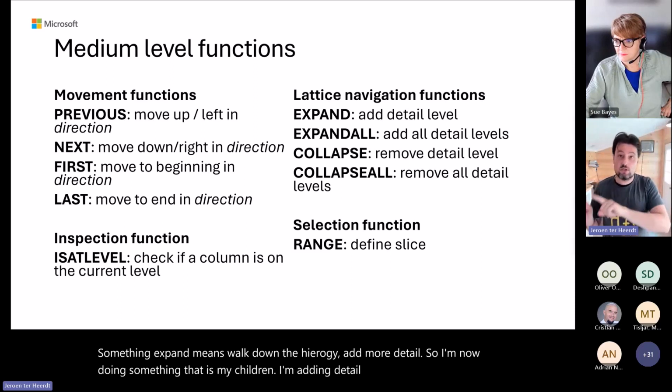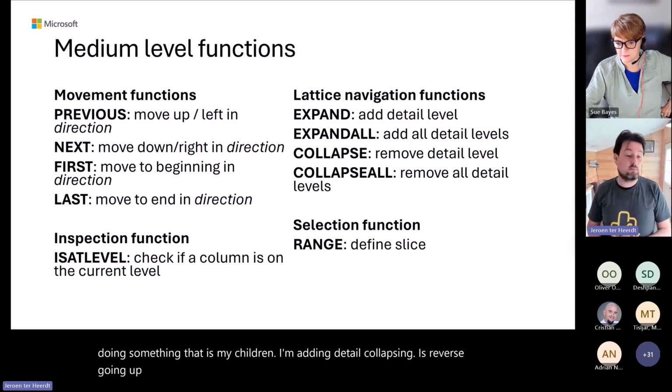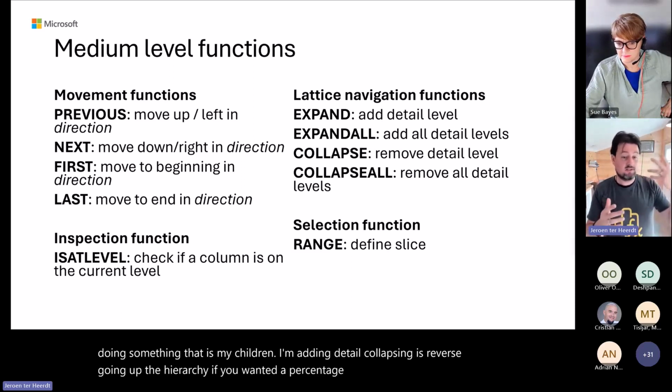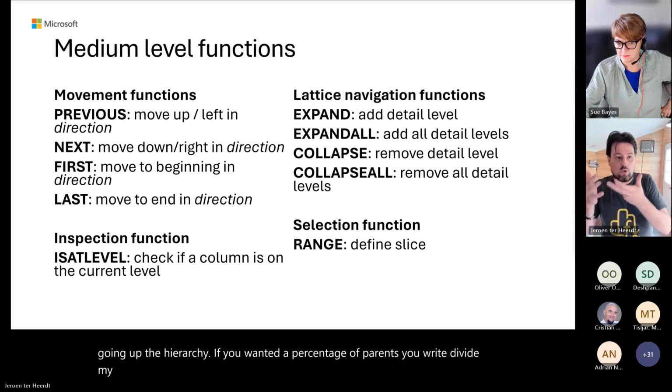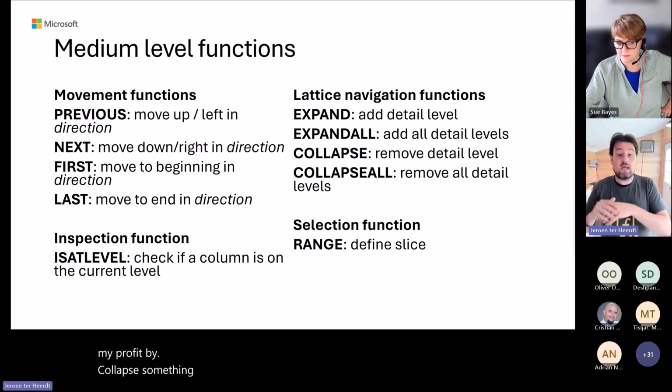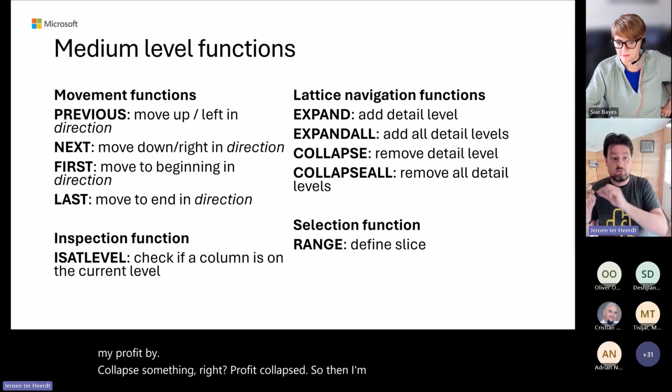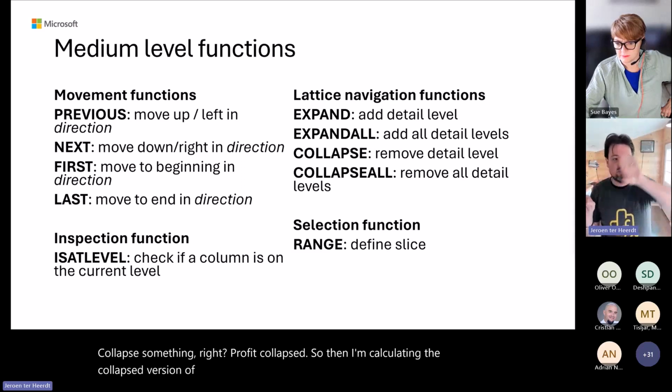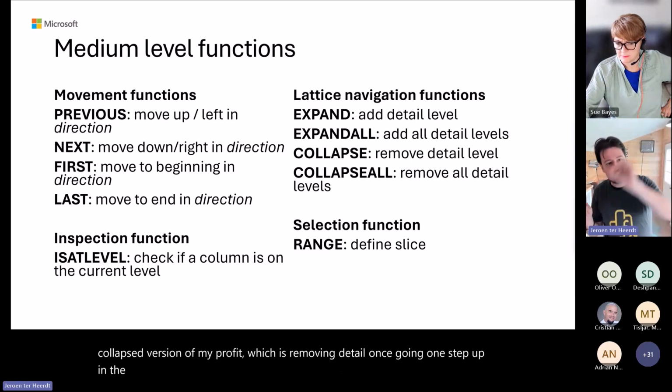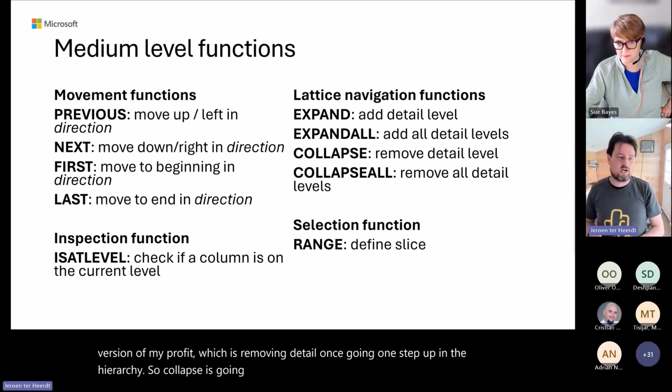Collapsing is the reverse, going up the hierarchy. If you wanted a percentage of parents, you write divide my profit by collapse something, right? Profit collapsed. So then I'm calculating the collapsed version of my profit, which is removing detail, going one step up in the hierarchy. So collapse is going upwards, expand is going downwards in the hierarchy.